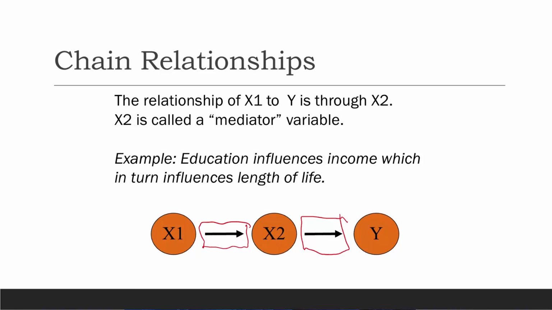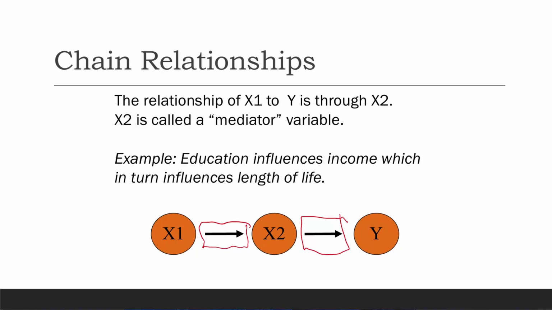Now, if you think about it, we could put mediators even between income and length of life, because it isn't the fact that you're making more money that explains length of life. It's what that money allows you to do. That money allows you to buy better medical care. That income allows you to buy health insurance. That income allows you to buy prescription drugs. It allows you to do a variety of things that, in fact, could lead to longer life.